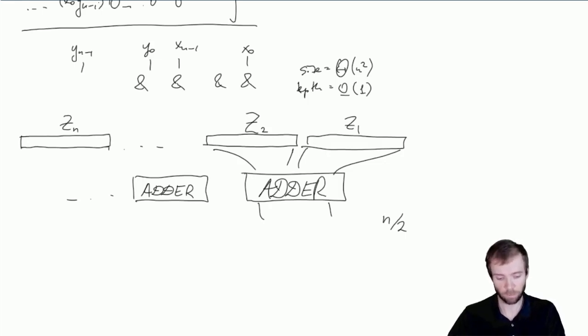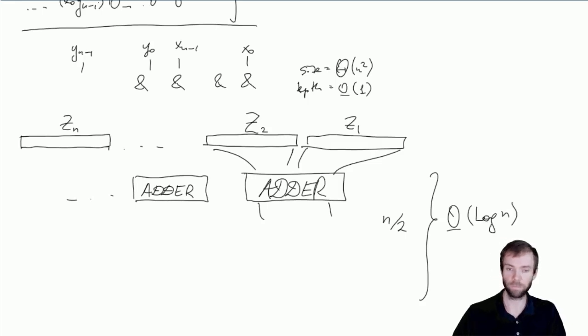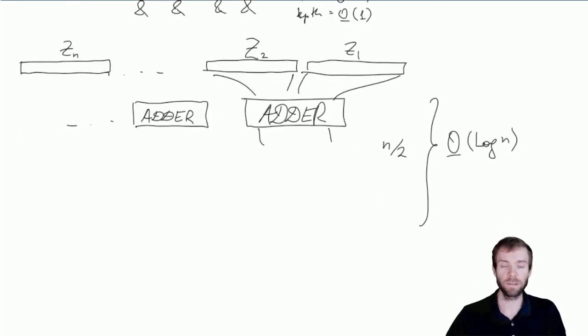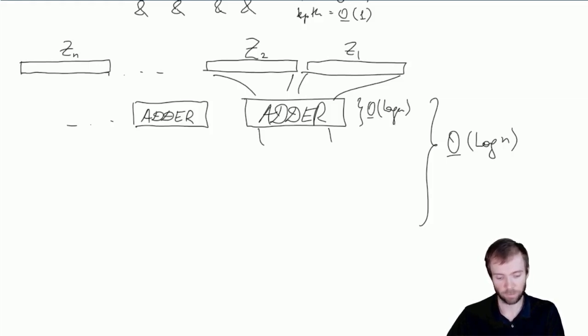And so the number of these layers of adders will be big O of logarithm of n. We have logarithmic depth in terms of the number of adders, but each adder, of course, has its own depth. So the depth of this adder is itself big O of log n.